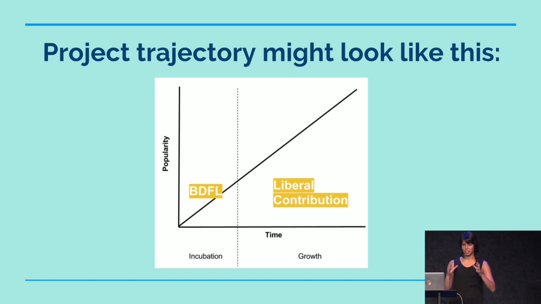You have this incubation phase early on where one person has an idea and works really hard on it for a certain period of time, and then as they grow and get really popular, it might turn into a more liberal contribution model. But again, the goal is to grow so that authority is no longer centralized on one person. And there's probably something in the middle there where it's going from one person to 5 people to more decentralized.